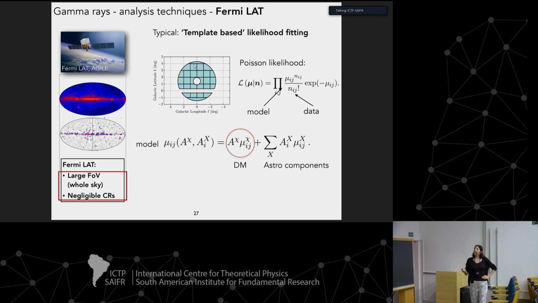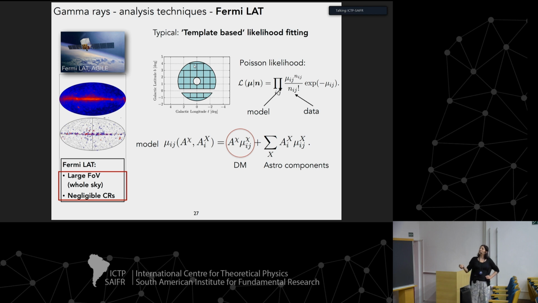What was traditionally used, only in gamma rays, in the GeV range with Fermi-LAT data, is the so-called template-based likelihood fitting, or 3D likelihood. So how does that work? Basically, again, you have your data, you have your background, and you have your signal expectation, okay?